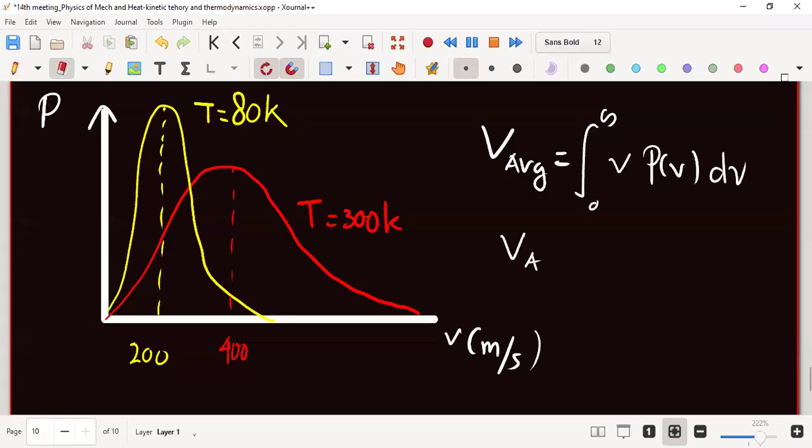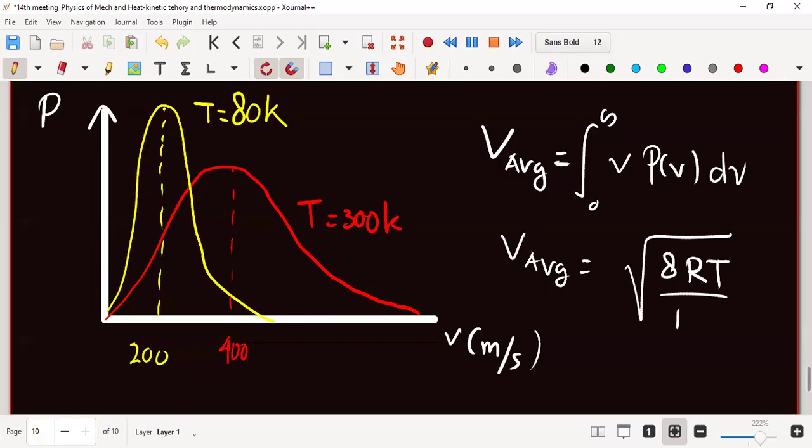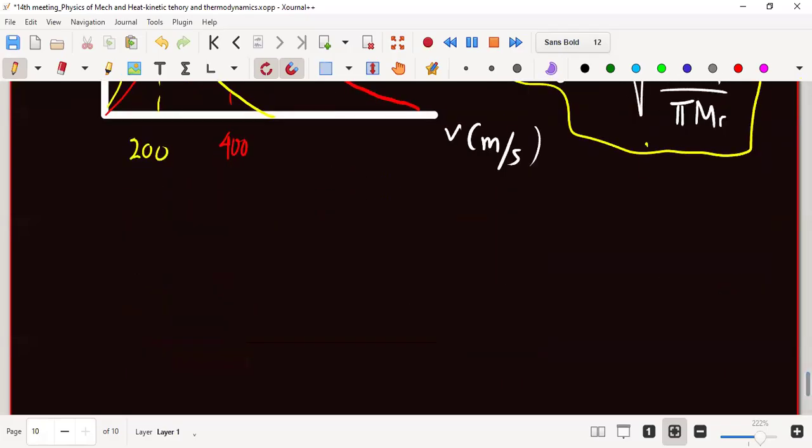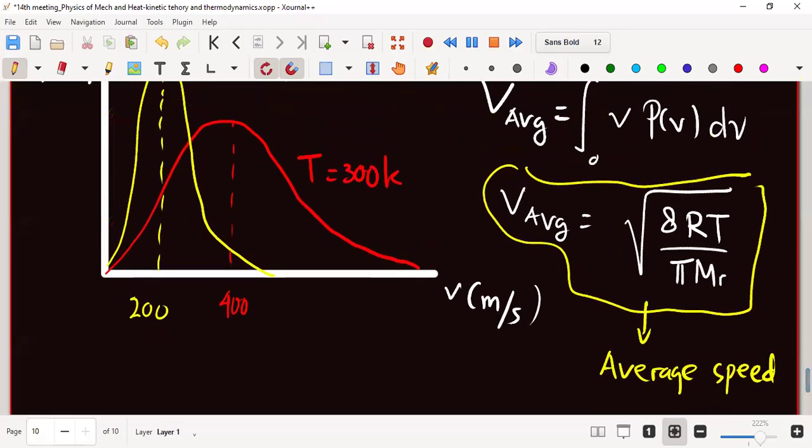The V average is equal to square root of 8RT divided by pi M. This one is the average speed. So we get the average speed.